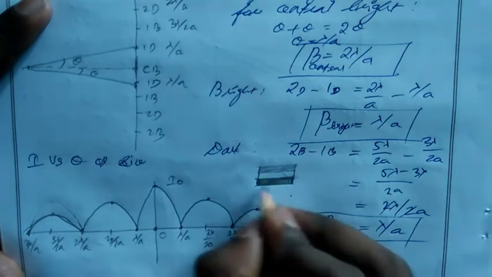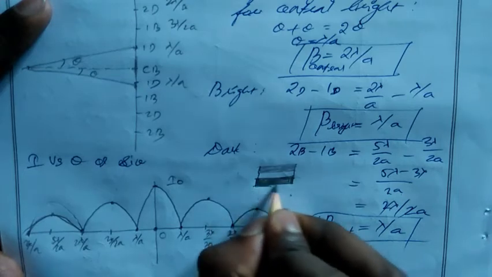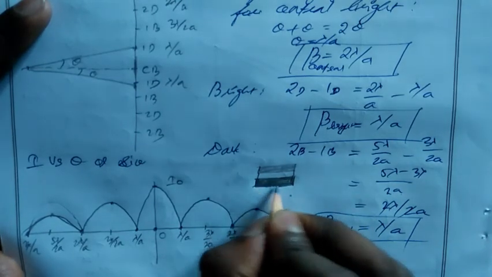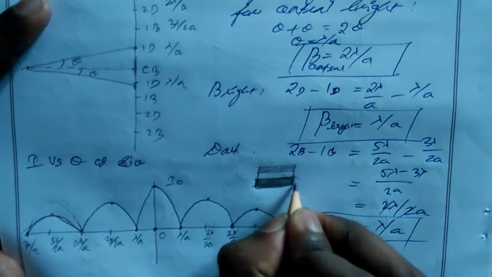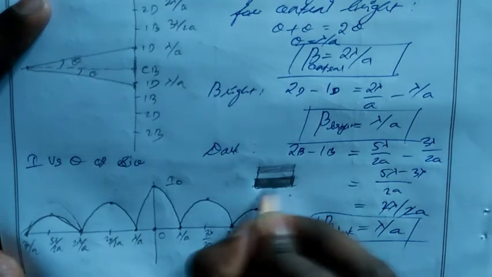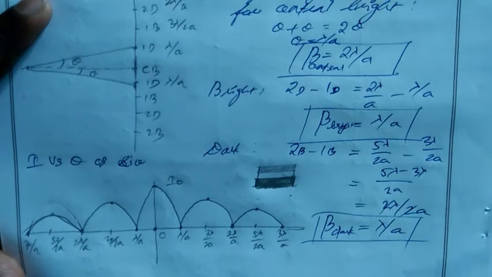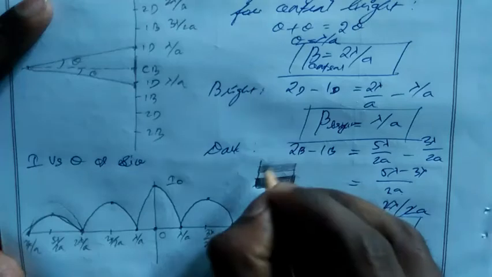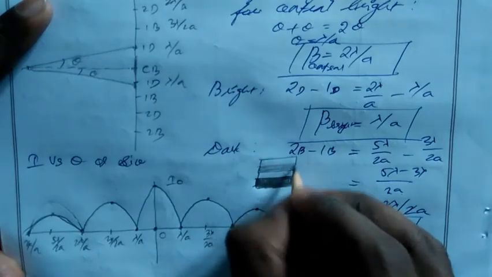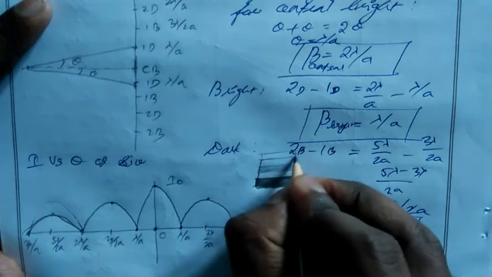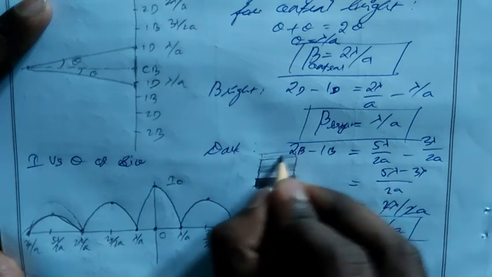The thickness will also be much less, and the brightness will also be less for first bright. Then we have second dark and second bright. Thickness will be further less, and intensity also less.